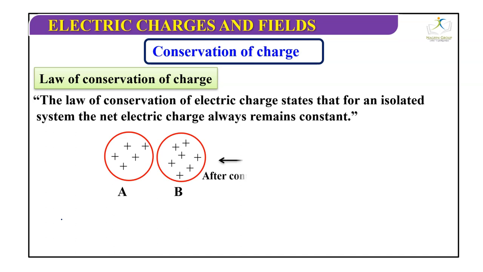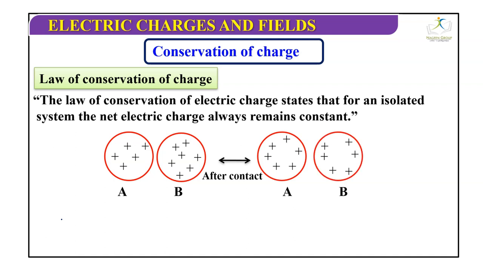We basically have two conductors. After contact, we get this value. A few charges are transferred.